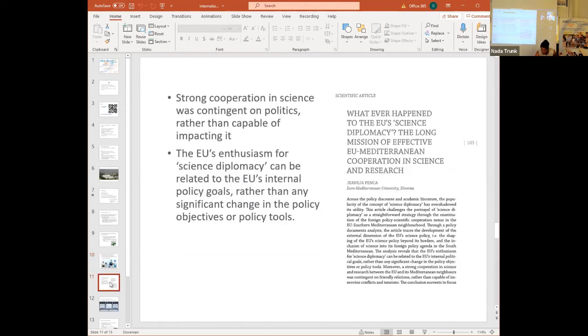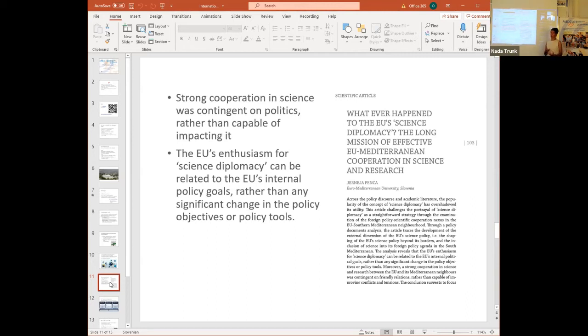And just two sentences on this research that I did in this area: I looked at how scientific operations did work since the launch of the Barcelona process in 1996, which was a process trying to bring the region closer together, also through soft means, including education and science and research and intercultural exchanges.